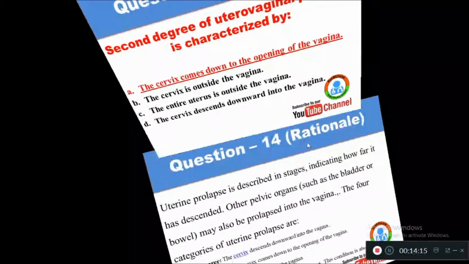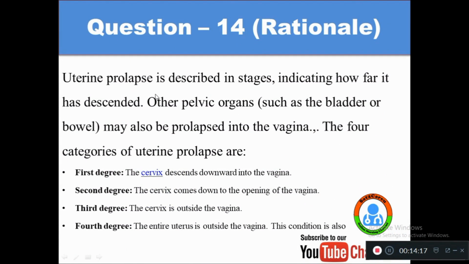Let's see the rationale here. Uterine prolapse is described in stages, indicating how far it has descended. Other pelvic organs such as the bladder or bowel may also prolapse into the vagina.